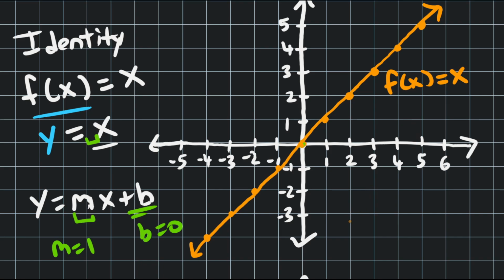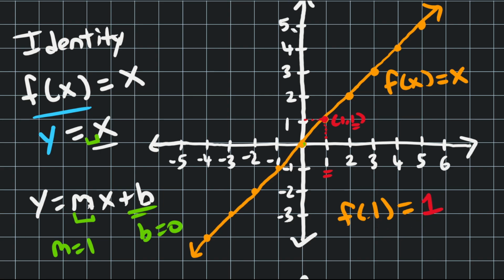So what is, for example, f of 1? If x equals 1, then we'll find 1 on the x-axis and go straight up, and we hit this point that has a y-coordinate of 1. This point is 1, 1. So f of 1 is 1.